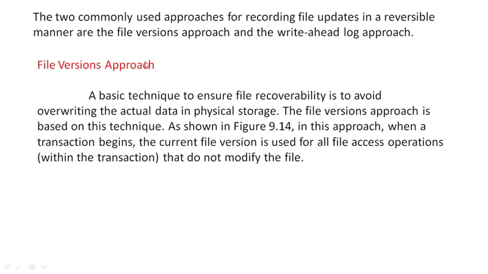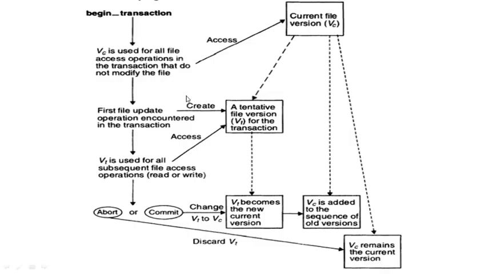So in the file versions approach, this technique ensures file recoverability and avoids overwriting the actual data on the physical storage. It will maintain different versions of the file. When the transaction begins, the current file version is used.